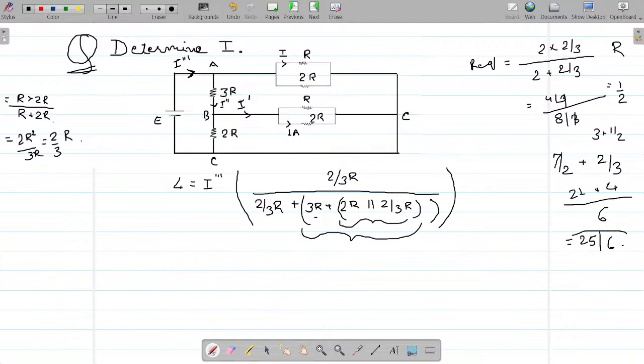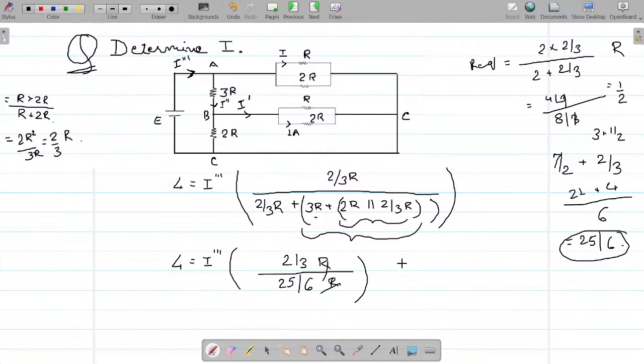So your entire denominator reduces to what? 4 is equals to I triple dash times 2 by 3 times R upon, what will I write here? 25 by 6, right? Times R. Okay, right?